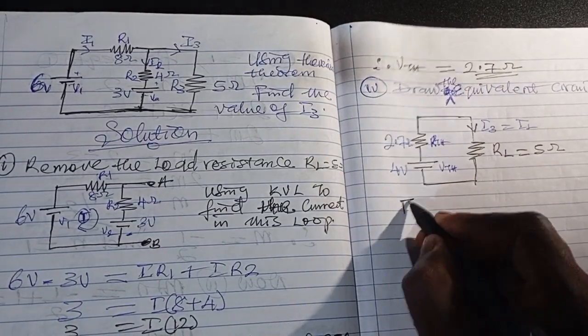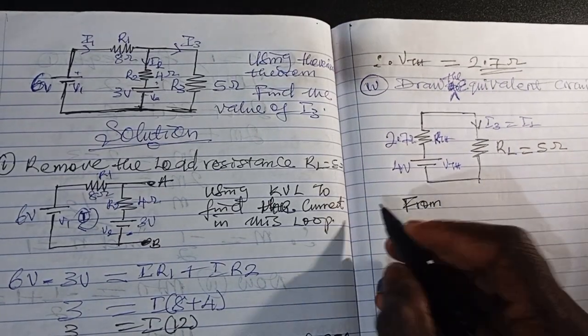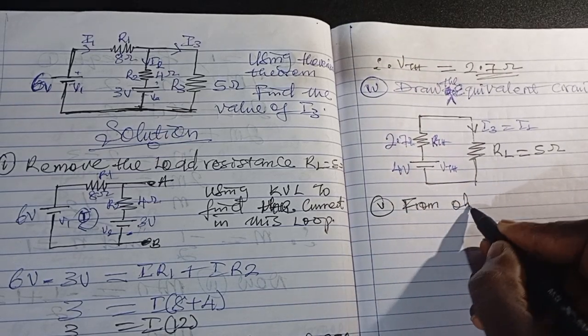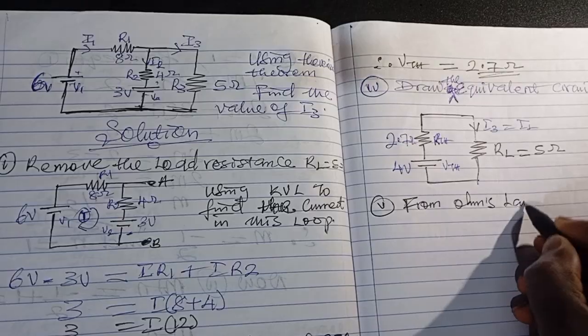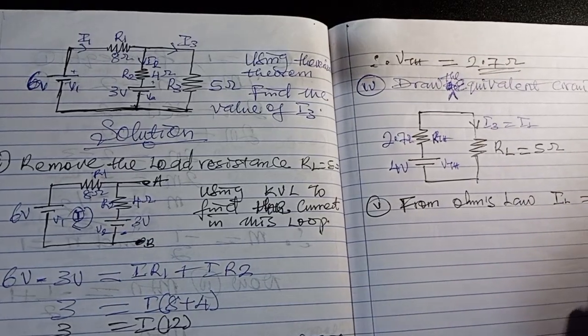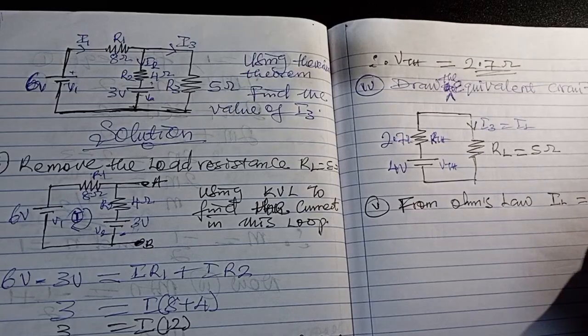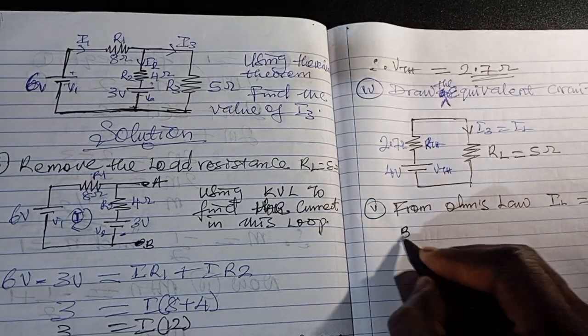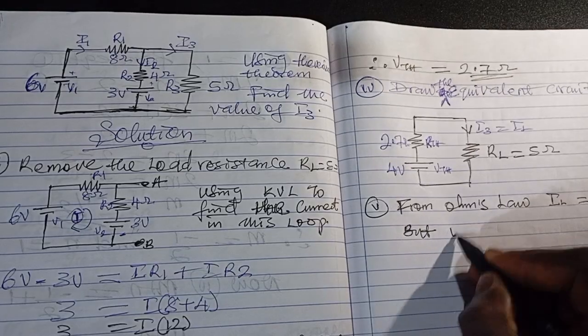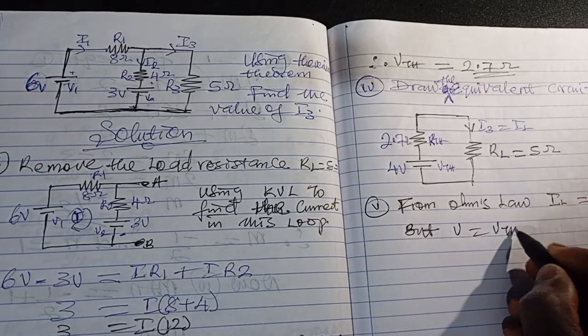So, I is solved for from Ohm's law. IL will now be V over R, but our V here is now VTH.